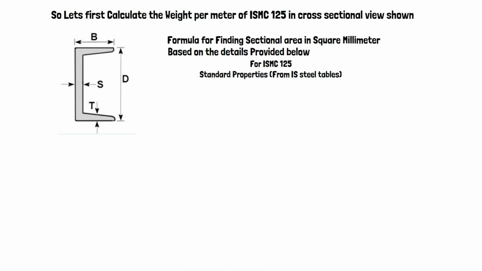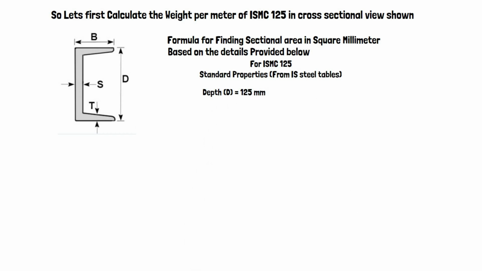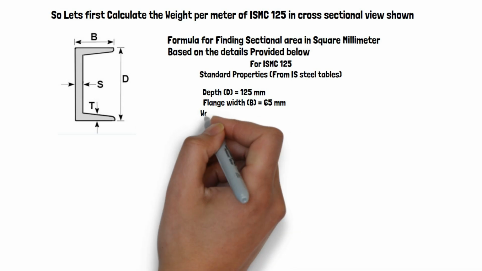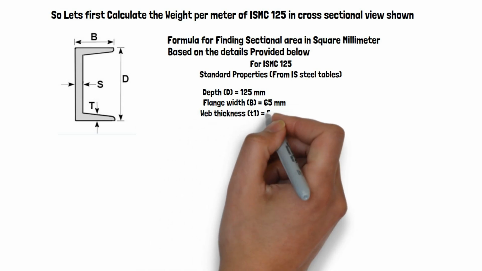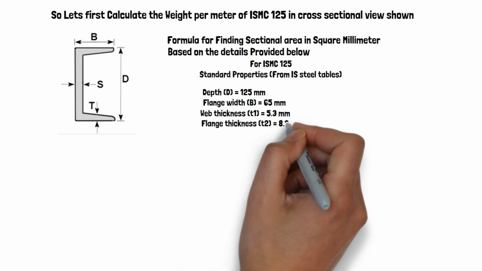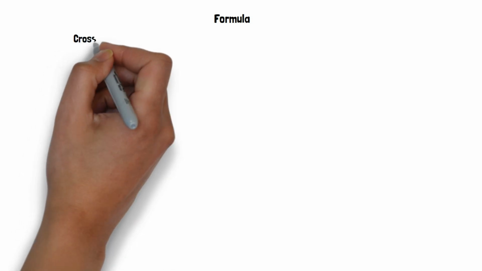Details provided based on the cross-sectional view. Here are the ISMC 125 properties as per IS 808 steel table. Cross-sectional area calculation is done below.